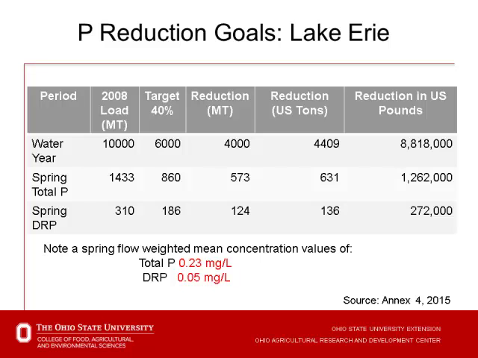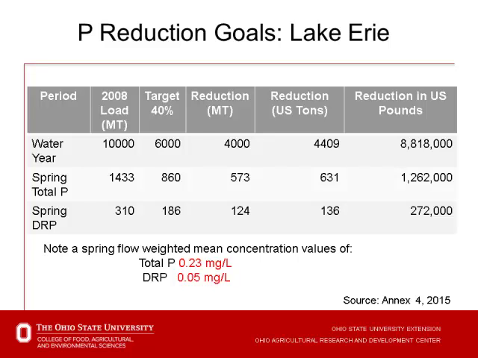I haven't gone back and looked at the 2008 year, but I certainly do want to go back and look at what 2008 weather conditions were, so that we can start putting things into perspective as far as what our target is. In other words, in a similar type of year, what we're trying to do is reduce to these target levels, and higher or lower precipitation is going to affect what that outcome is.